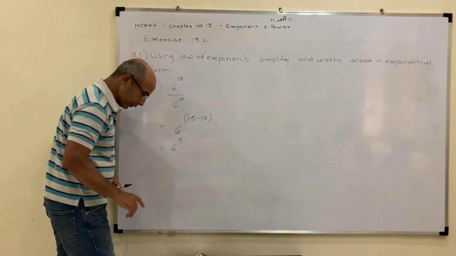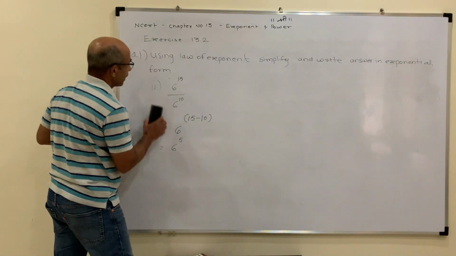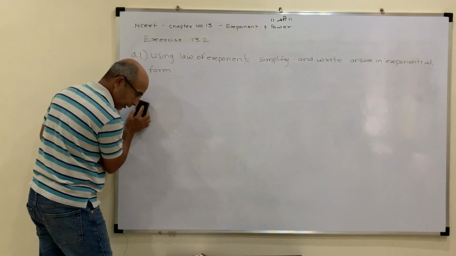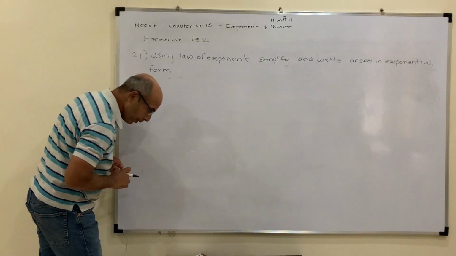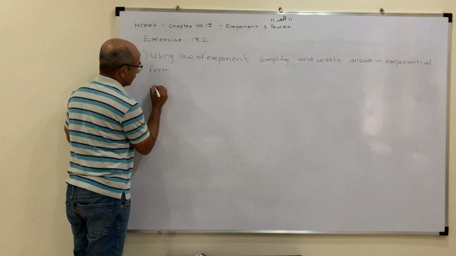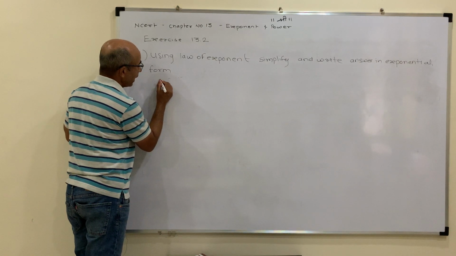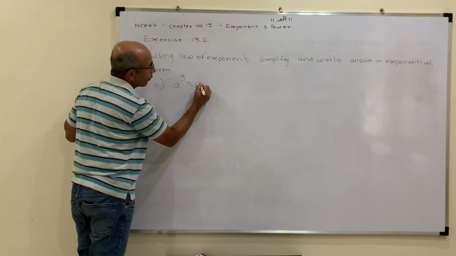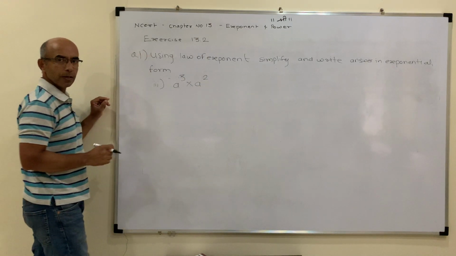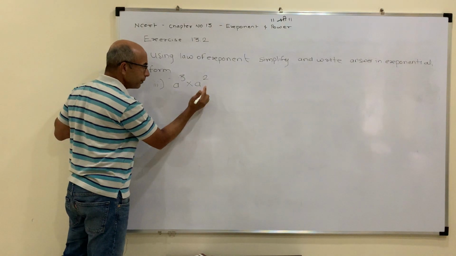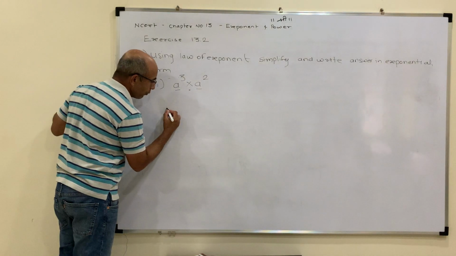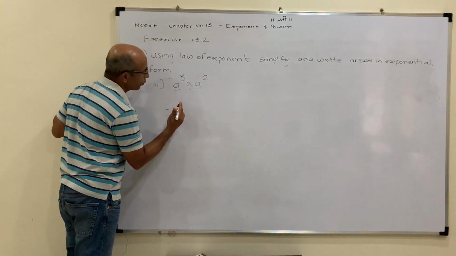So now I'll move to the next one, the third one. A cube into a square. Now again, base is same, that is a, operation is multiplication. So what do the exponential laws say?